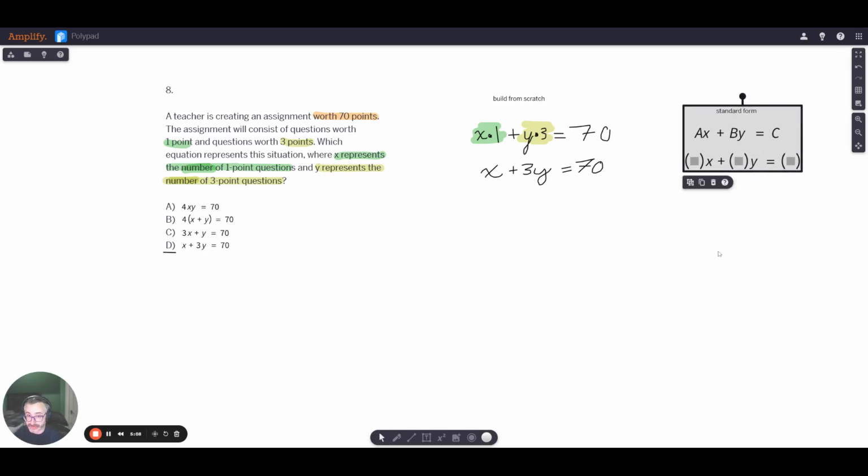But if you were familiar with this type of question, you might have recognized that it is a standard form question. Standard form is a formula that's very useful for modeling situations with a total cost. So maybe that's a total number of dollars, or a total number of minutes, or a total number of points. You may have seen problems like this where you've got 2 jobs. Your babysitting job gives you $14 an hour, and your lawn mowing job gives you $16 an hour.